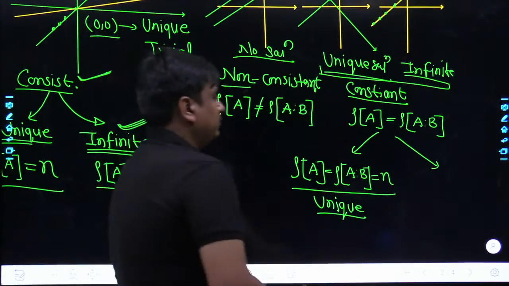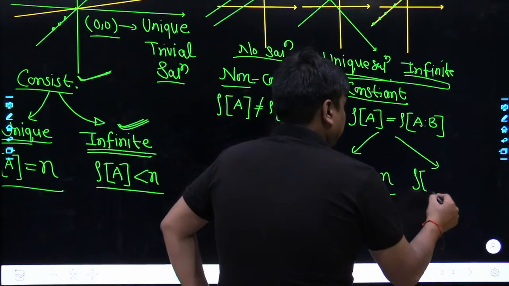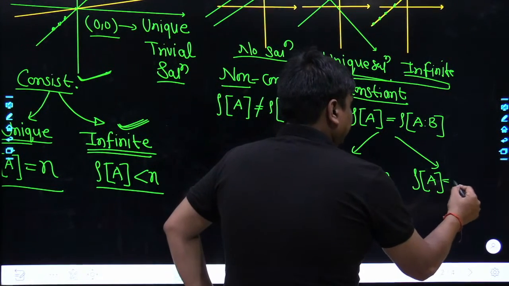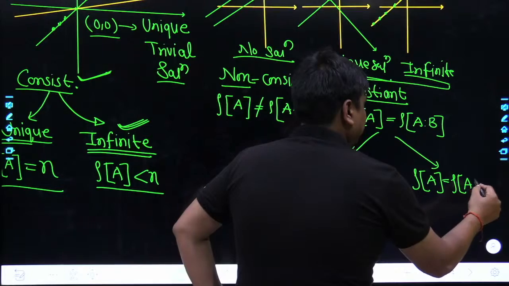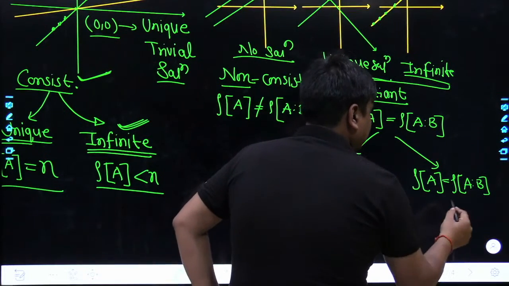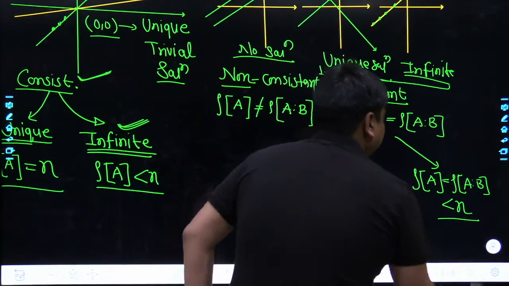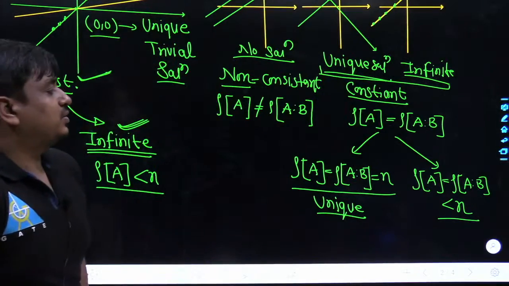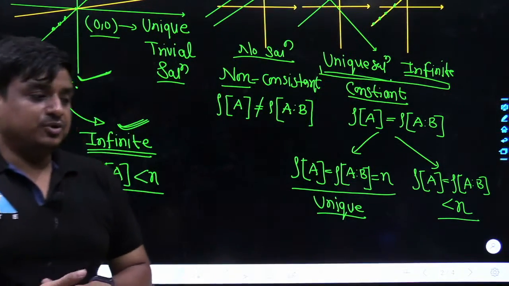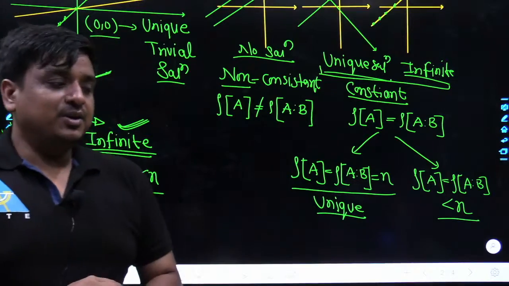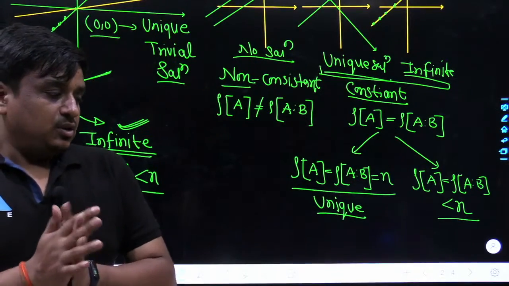And similarly, if the rank of A is the same as the rank of A augmented B, but the rank together is lesser than the number of variables, then you'll have infinitely many solutions.